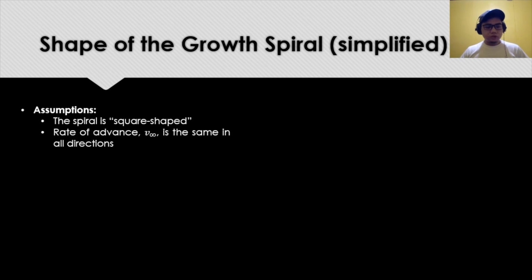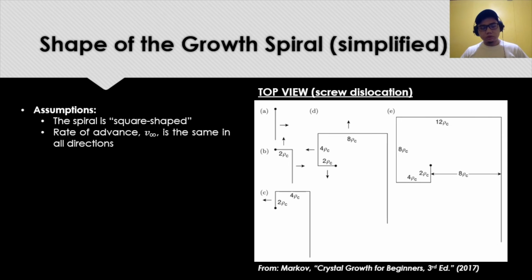Now I will share the simplified model for the shape of a growth spiral. For this, we have to lay down some assumptions. First, the spiral is square-shaped for simplicity, and the rate of advance, p sub infinity, is the same in all directions. This would look something like this, as illustrated in figures A through E, which represent the top view of a screw dislocation and how the spiral growth propagates.